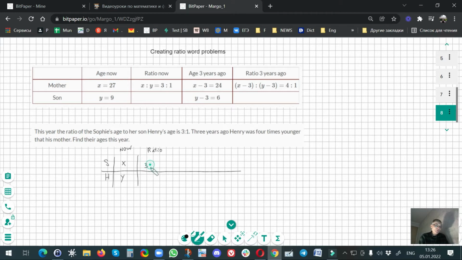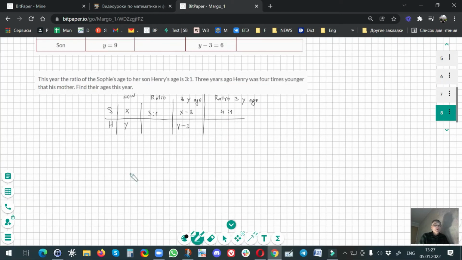We just write 3 to 1, which is specified in the problem itself. Then 3 years ago we have, of course, X minus 3 and Y minus 3 for the ages. And again, ratio 3 years ago, it is 4 to 1.